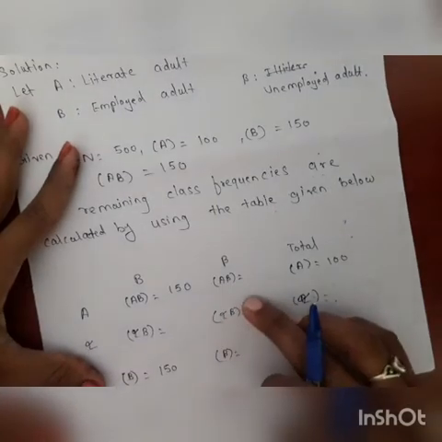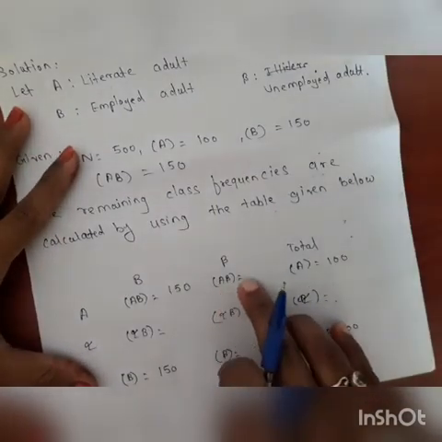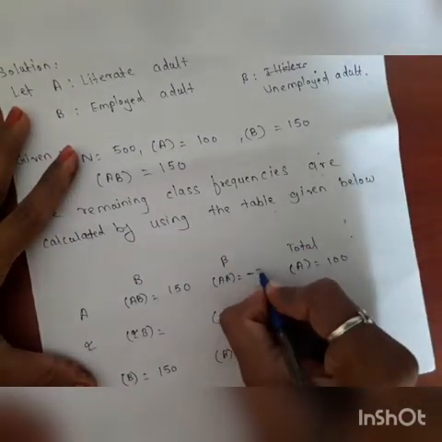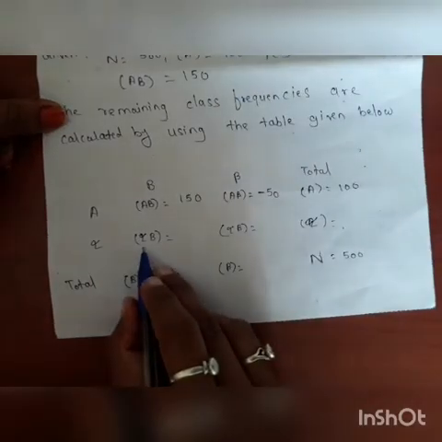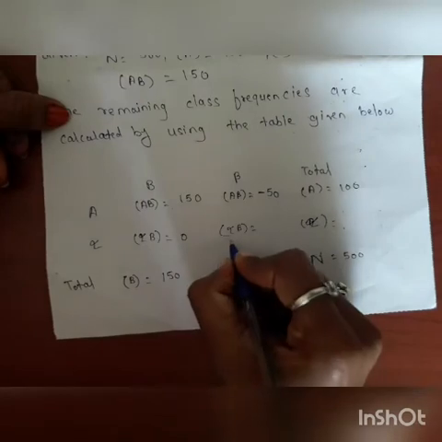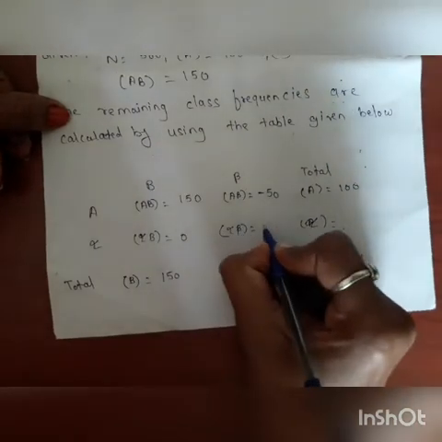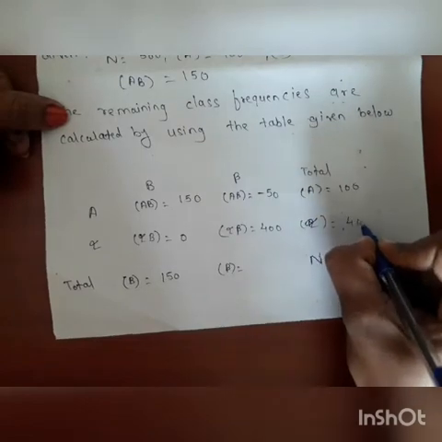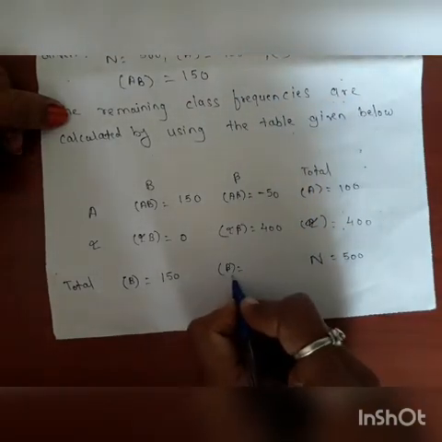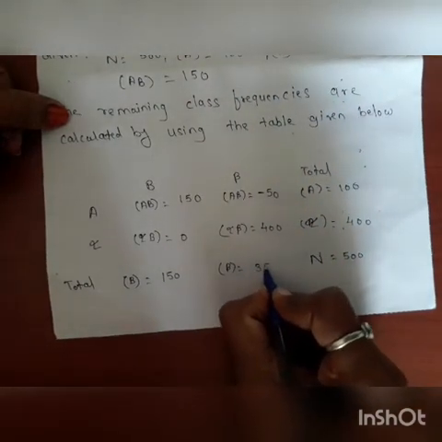Here we find all the remaining class frequencies. Now (Aβ) is equal to minus 50. Next, (αB) is 0. (αβ) is 400. (α) is also 400. Then (β) is equal to 350.